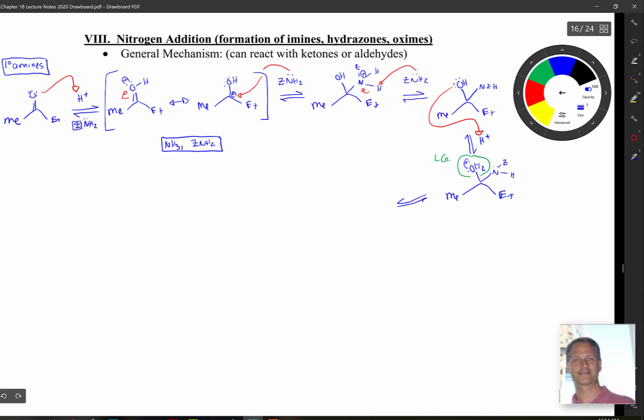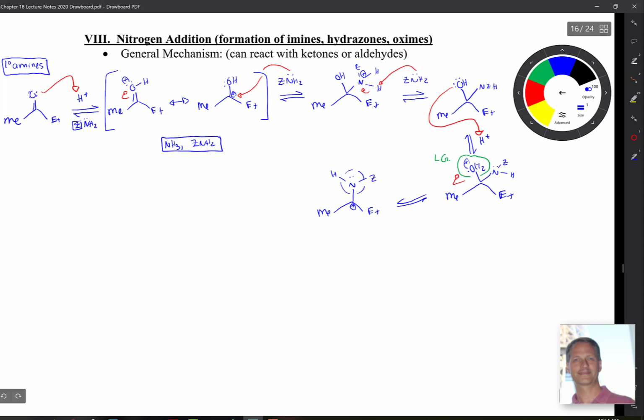So we're going to continue down here. So we're going to boot off that water there. And then what you'll be left with is a methyl, and an ethyl, and then a nitrogen with a Z and an H on it. And then that group right there is going to end up having some resonance. And then we'll have a plus charge right down here at the bottom.